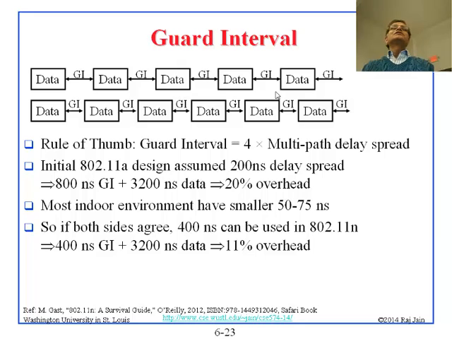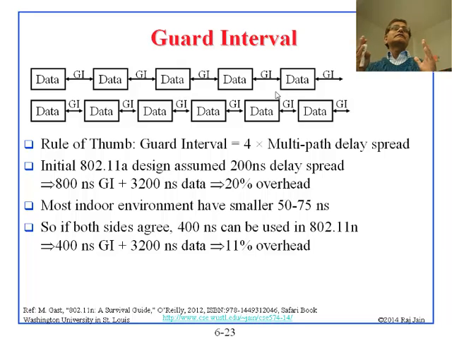All right. So they introduced this new thing, which is reduced guard interval. A, G, and B will use the guard interval of 800, and N started using 400. That's the point.